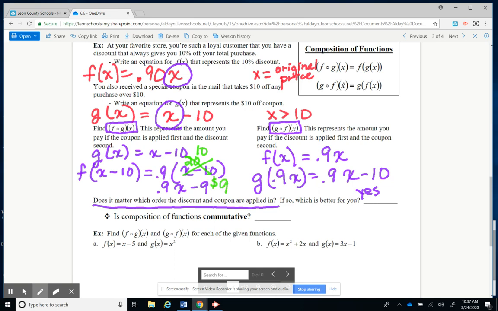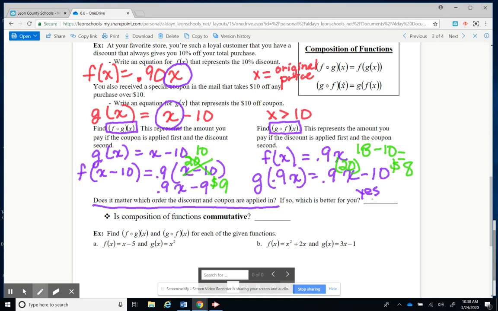So if they took the $10 coupon off first and then took 90% of that, I'm going to pay $9 for a $20 item. Now let's say they did the 90% first. 90% of $20 is $18. And 18 minus 10 is $8. So there's a difference. So which one is the better price?